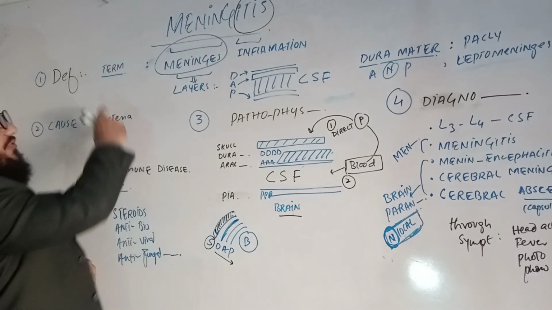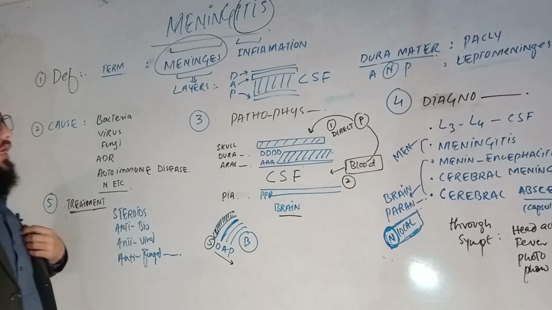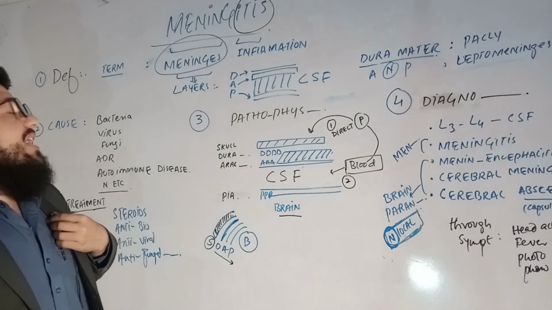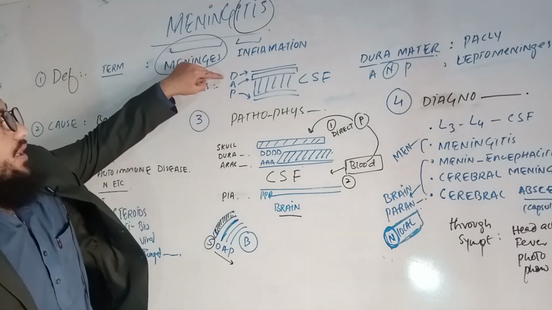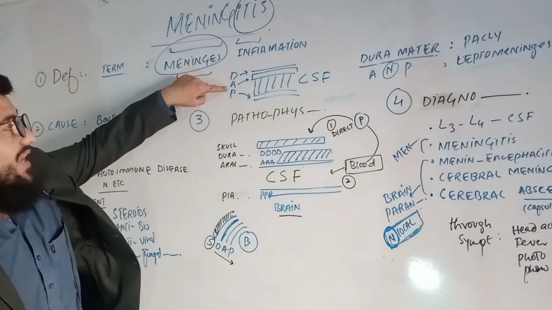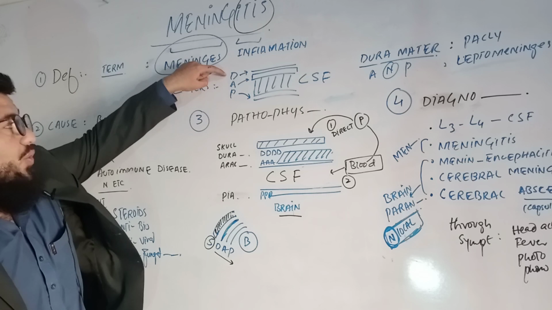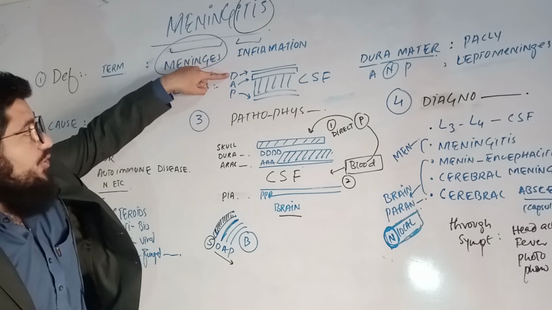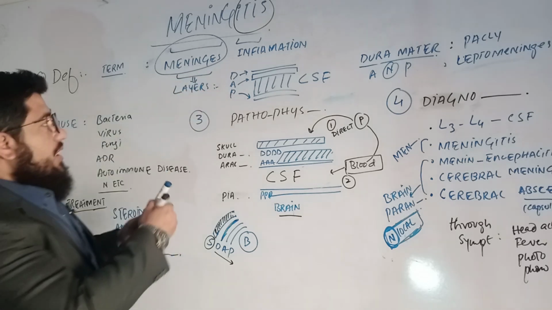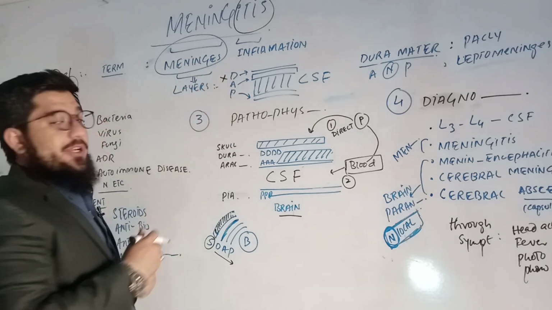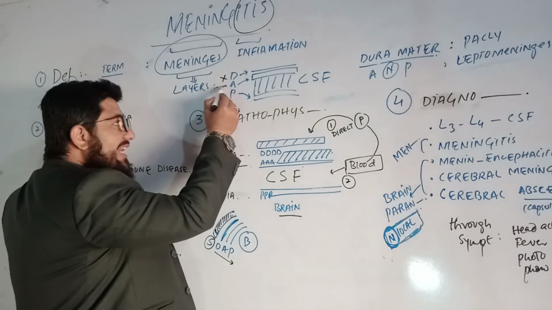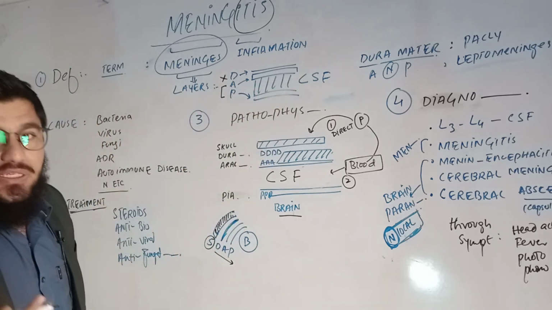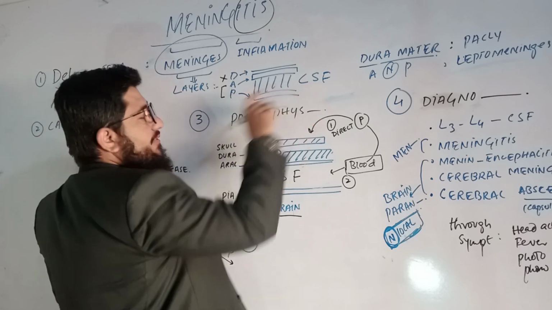Okay, I hope the definition portion is clear. And one more interesting point that you must memorize: going from top to bottom, in descending order, dura mater, arachnoid mater, and pia mater. Just cross the first one, D, dura mater. Between the arachnoid and pia mater, there is a space known as the subarachnoid space, in which there is CSF.